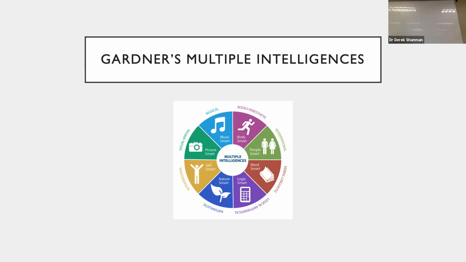All right. Gardner's multiple intelligences is a graphic that is able to say, we have some kids who are really good at verbal linguistics. They might be good at the written word, potentially the spoken word, using words to demonstrate knowledge and information.